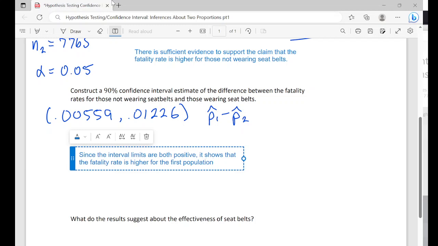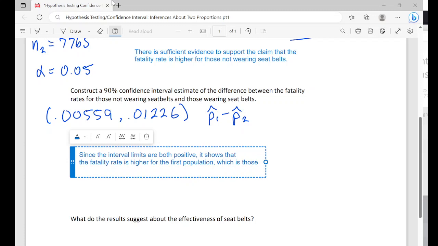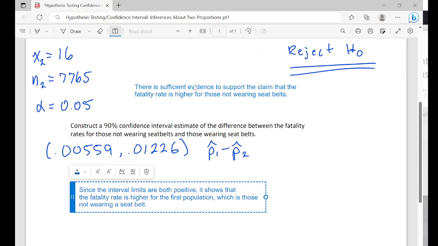The first population being those not wearing a seatbelt. And again, this kind of just reinforces what we found before, where this evidence is the fatality rate is higher for those not wearing a seatbelt for the hypothesis test, and the confidence interval is mirroring that, which they should. So we should feel good that this is the correct answer.